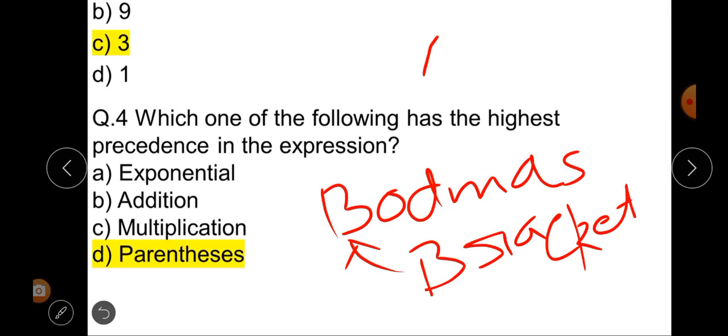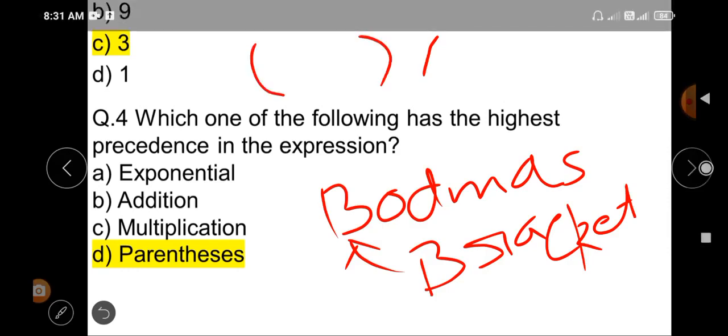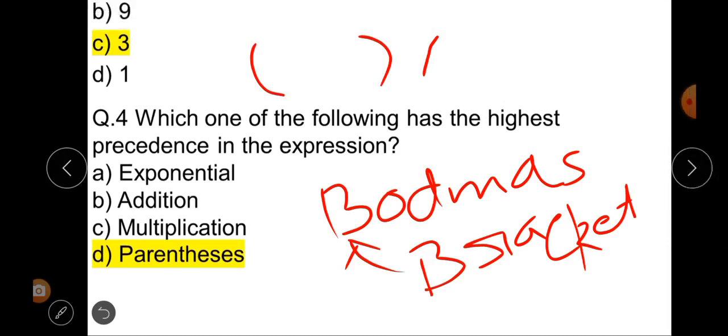The same thing happens in Python programming also. In Python programming, brackets should always be evaluated first. Bracket here means the sign of parenthesis. So the parenthesis sign should always be evaluated first. After that, the second priority among these options is exponential. So first is parenthesis, second is exponential, and addition and multiplication both have the same priority, the same precedence.